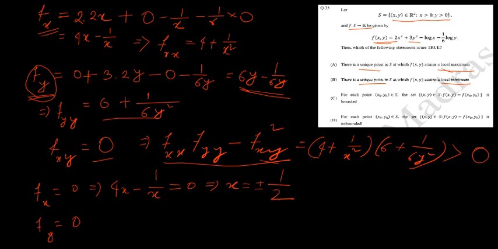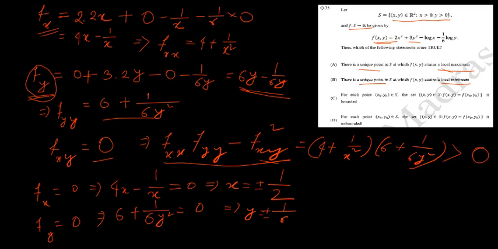And fy equal to 0 gives 6y minus 1 by 6y equals 0, so y equals plus minus 1 by 6.